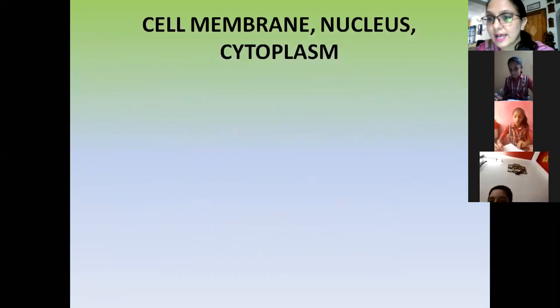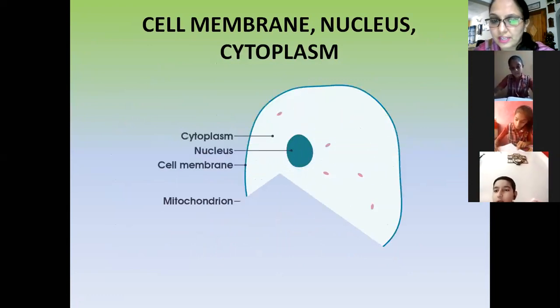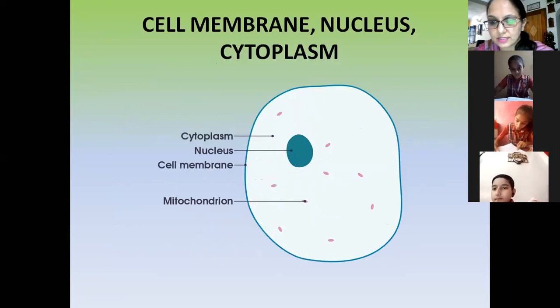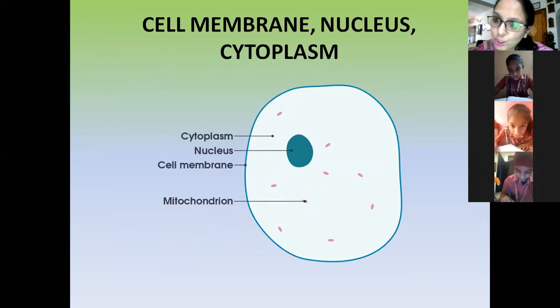Now you see a diagram in which you will be able to see cell membrane, nucleus and cytoplasm. Look at this. Is it interesting? Are you liking it? Yes, ma'am. Now, look at the blue color dot. This is the nucleus.